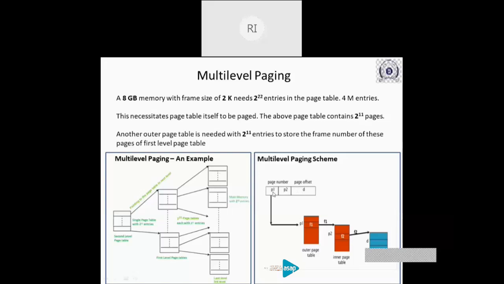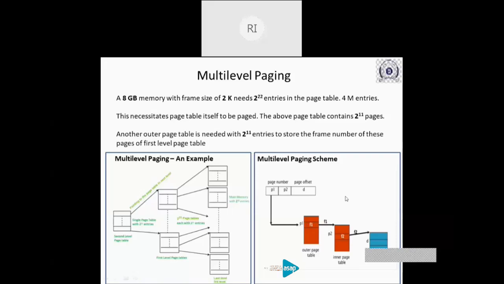The outer page table will give the frame number of the frame in which the intended instruction or data is stored. The CPU generates a logical address for accessing an instruction or data, and it is divided into 3.